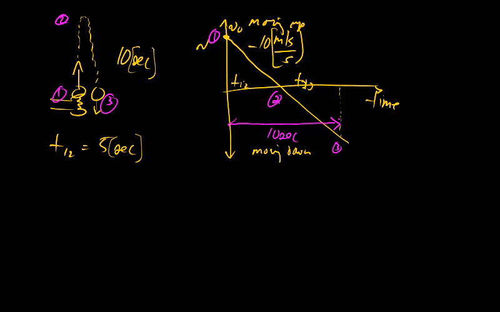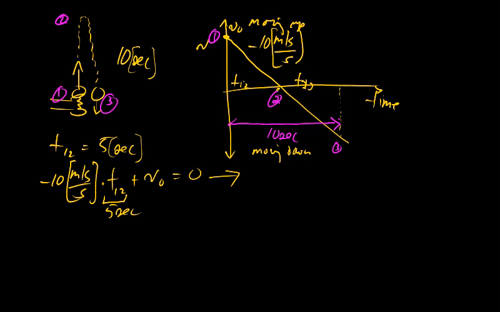Given that, and then just the equation of the line, we know that the speed at any given time is just the slope, -10 meters per second every second, times the time, plus the initial speed. Now, if the time happens to be time 1, 2, so this first part, the speed ends up being 0 at that time, which immediately implies that if t12 is 5 seconds, the initial speed had to be 50 meters per second.